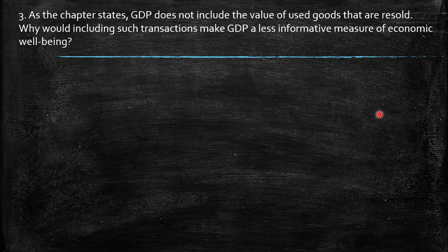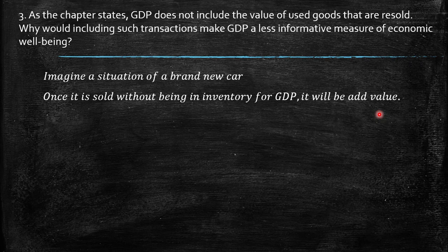3. As the chapter states, GDP does not include the value of used goods that are resold. Why would including such a transaction make GDP a less informative measure of economic well-being? Just imagine a brand new car. Once it is sold, without being in inventory, for GDP it will be counted once because the consumption is done.